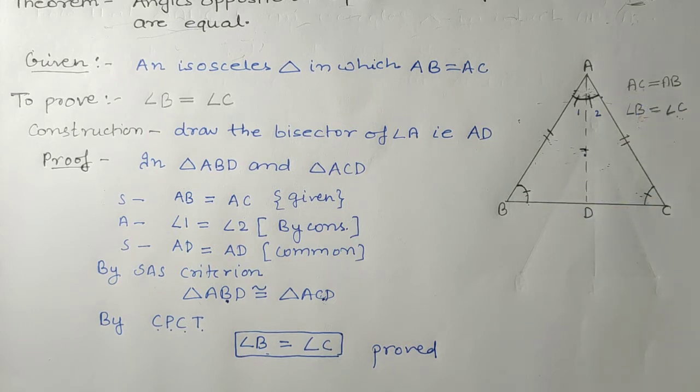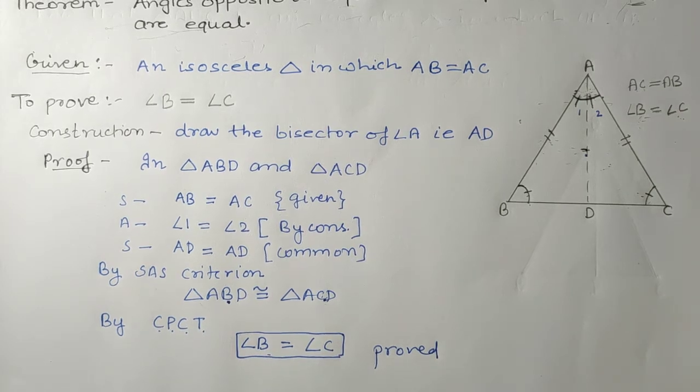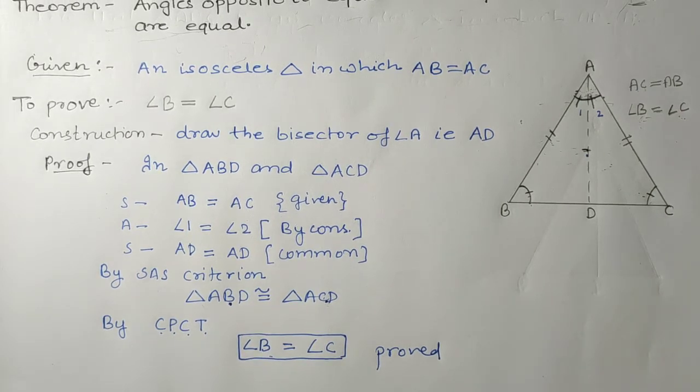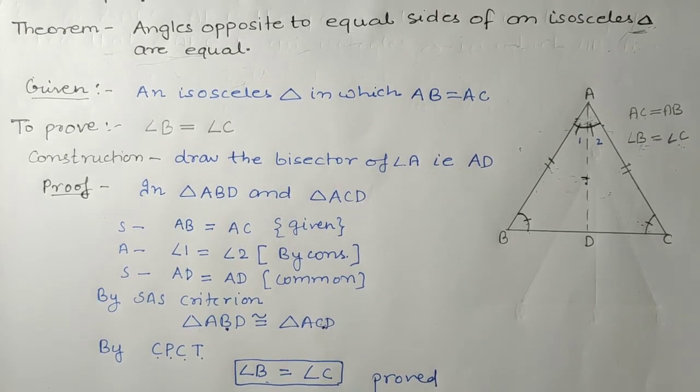So here angle B is equal to angle C. Okay students, just pause the video and note down the whole theorem. See, this is a very important result, and on the basis of this there are many questions to solve.